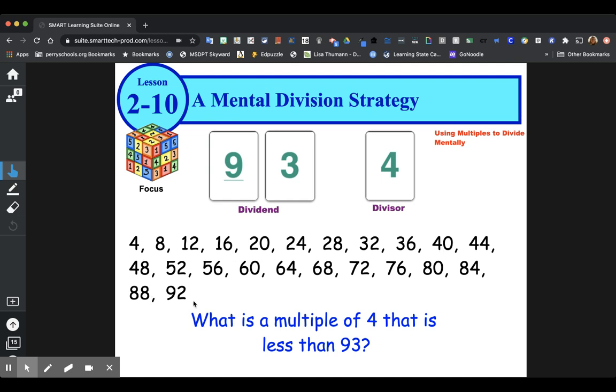We've got all these listed. What we want to do then is to count and see. We've got 1, 2, 3, 4, 5, 6, 7, 8, 9, 10, 11, 12, 13, 14, 15, 16, 17, 18, 19, 20, 21, 22, 23. So I know that 4 can go into 93 23 times, and we have 1 left over because we would want to get to 93.